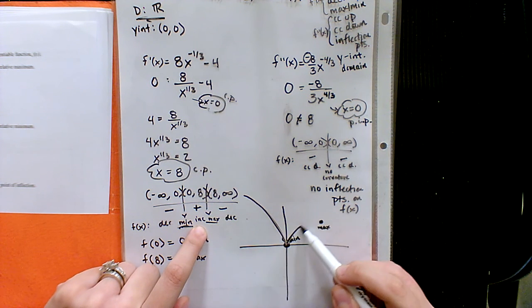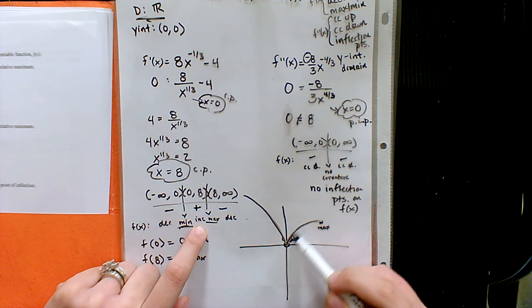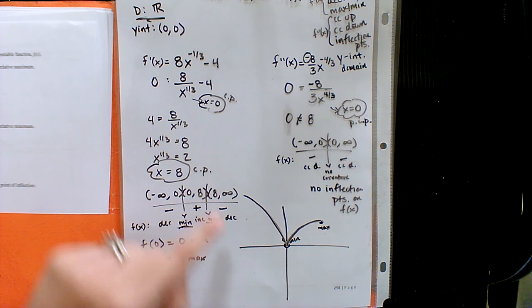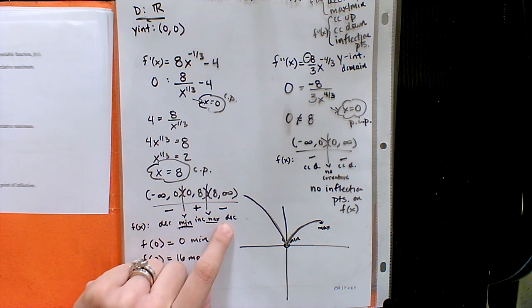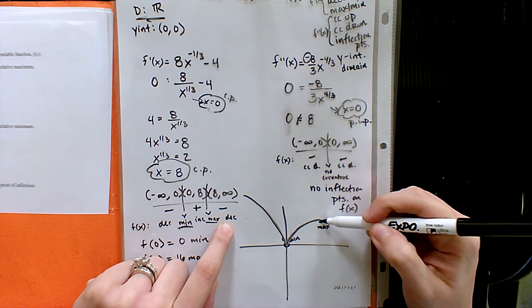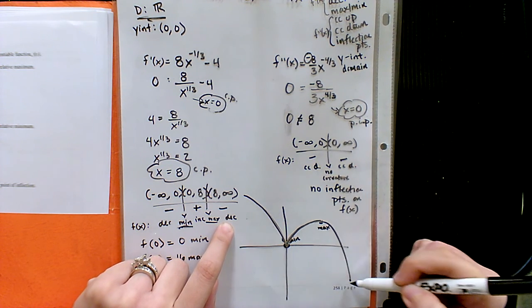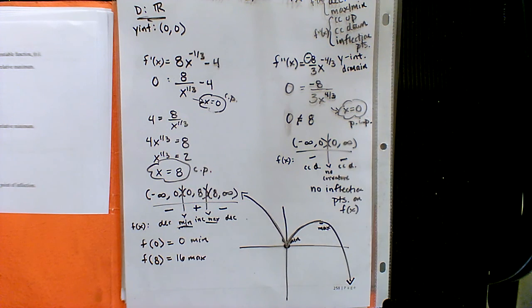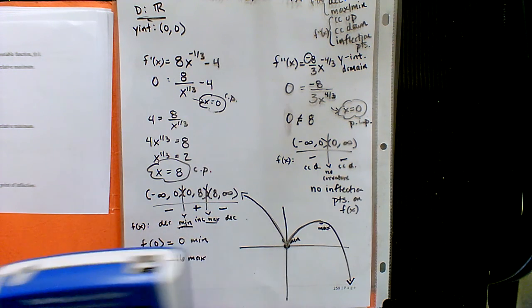So we're going to play connect the dots, concave down section. And then after 8, we should be decreasing and still concave down.